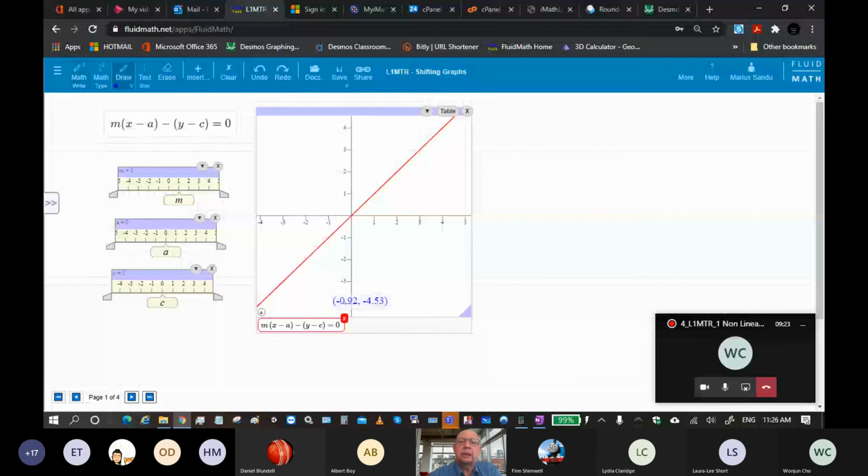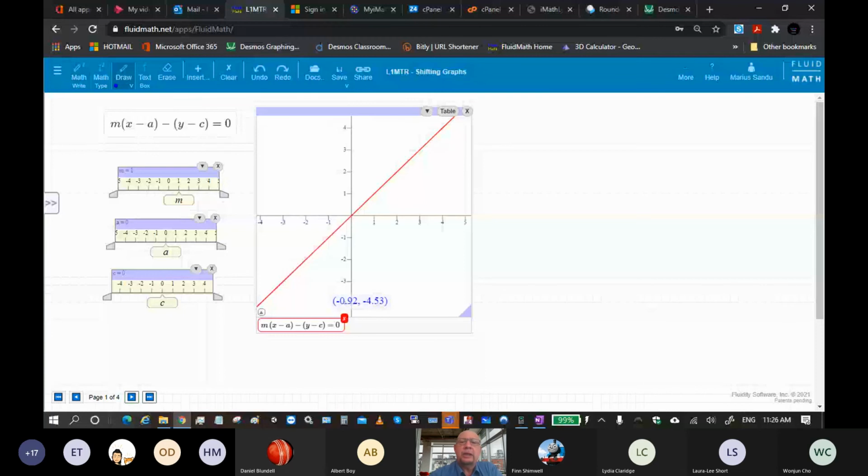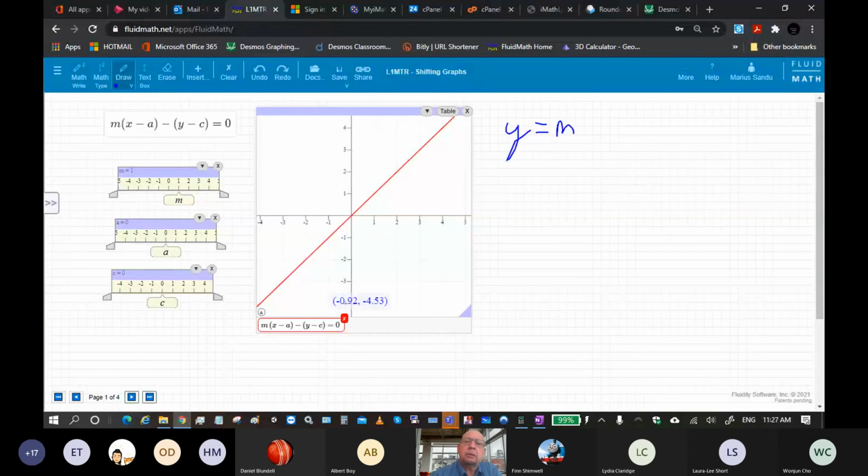You know that the formula for a straight line, as you have initially learned it, was y equals mx plus c, yes?